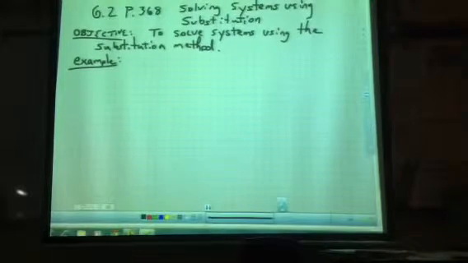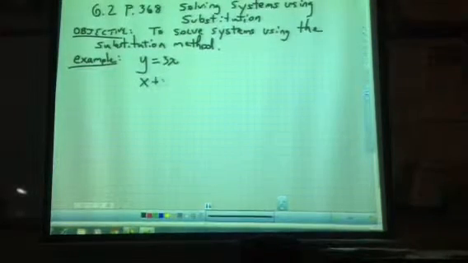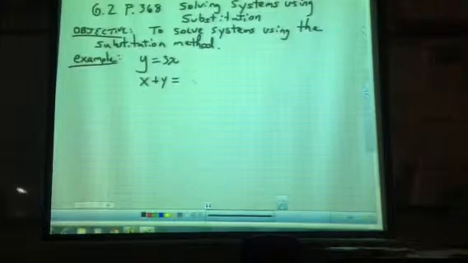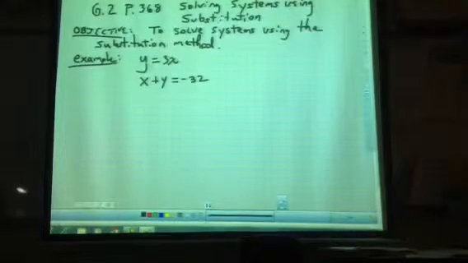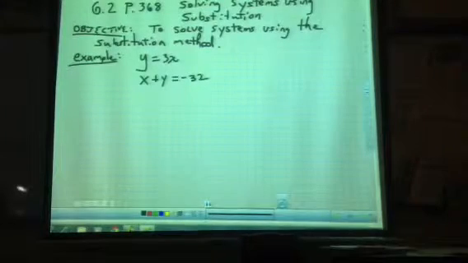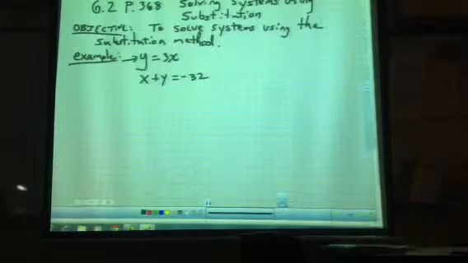Example 1 would be if you had y equals 3x, and if you also had x plus y equals negative 32. The whole idea is to be able to use substitution, and that means that if you could possibly solve one of the equations for a variable, you're lucky. In this case it's already solved for y in equation 1.